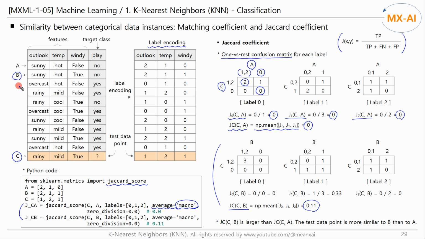The Jaccard coefficient is an improvement over the matching coefficient, but it also has its drawbacks. One of the drawbacks is that it doesn't take into account the frequency of occurrence of each label.